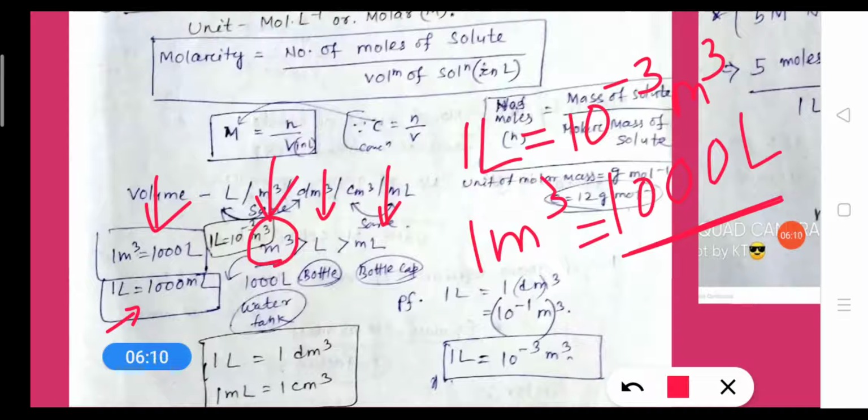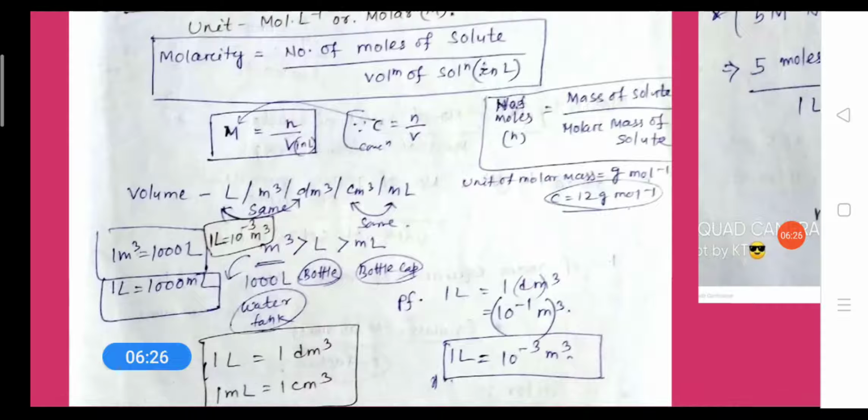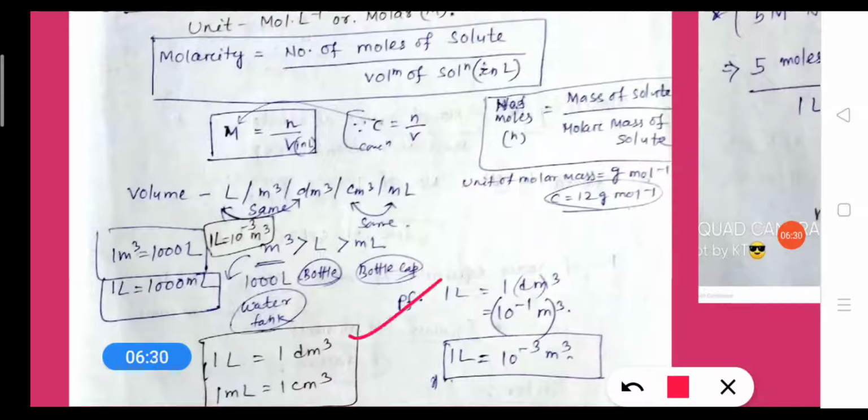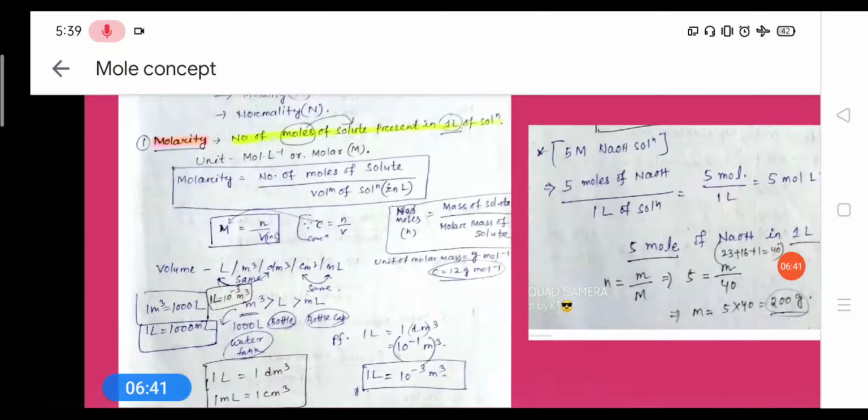Let us assume that meter cube means our water tank, liter means water bottle, and ml means the water in the bottle cap. These are the patterns. Here it is written that 1 liter is equal to 1 decimeter cube and 1 ml is equal to 1 centimeter cube, and 1 liter is equal to 10 to the power minus 3 meter cube. This will be used in problems.